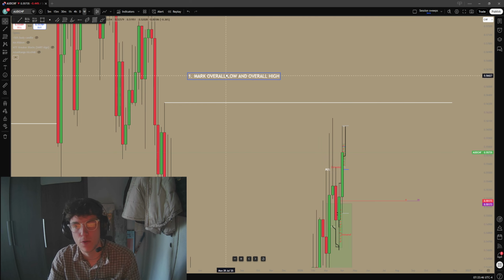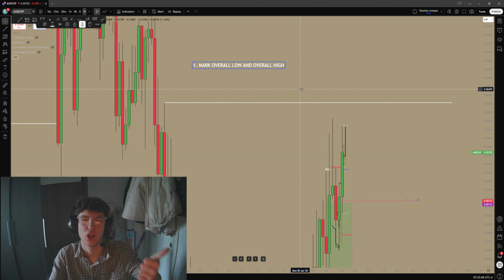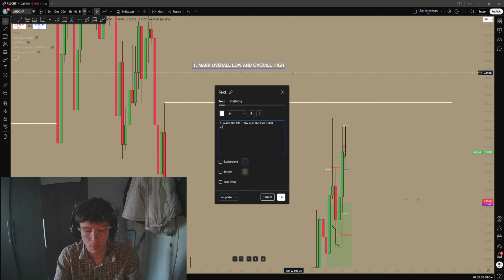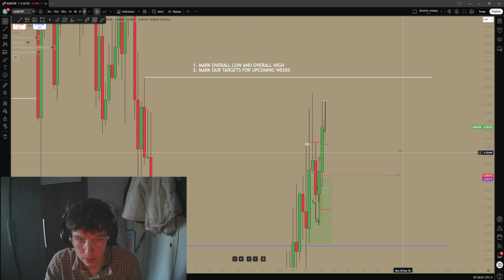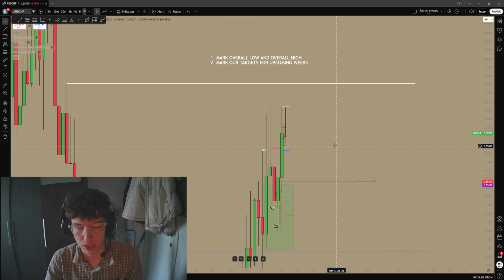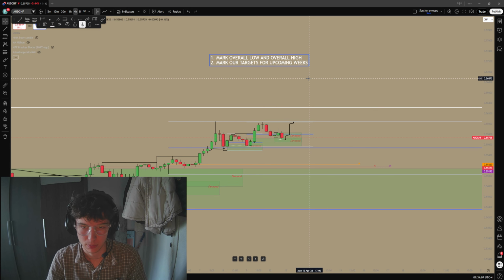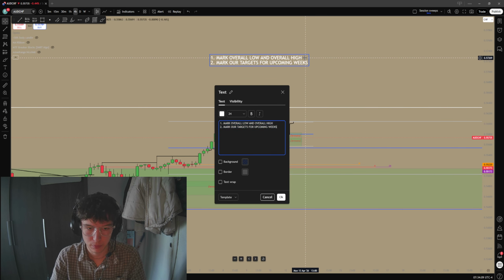So if we're going to go over the steps: Step 1, we mark our overall high and low. Step 2, we mark our targets for upcoming weeks. Step 3, we mark out our order flow.